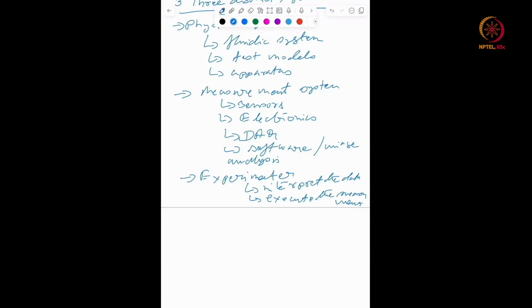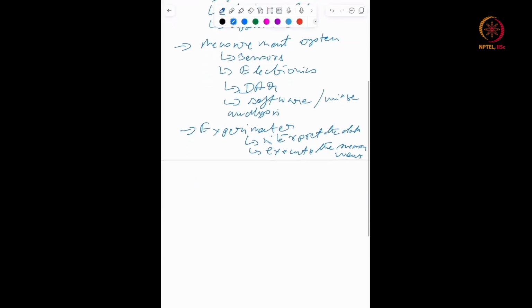So let us look at the measurement system in particular. This has one or more inputs and one or more outputs. The output of each component may represent an input to another component.